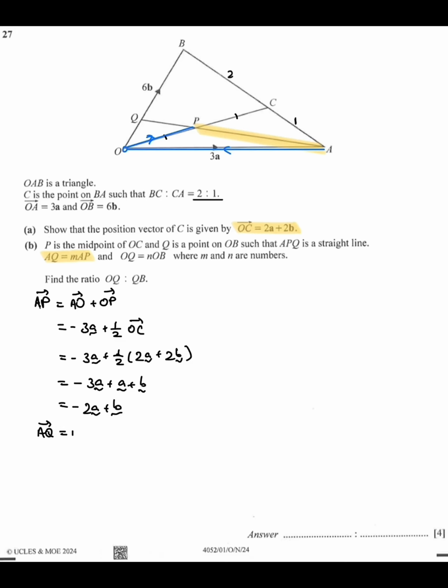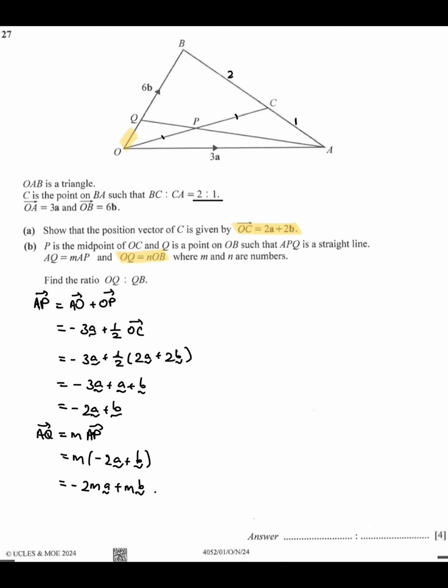Putting it back into the information provided, we can now find the vector AQ, which is m times the vector AP. By expansion, AQ is negative 2mA plus mB. Now let's move down to the next thing, which is OQ equals n OB.